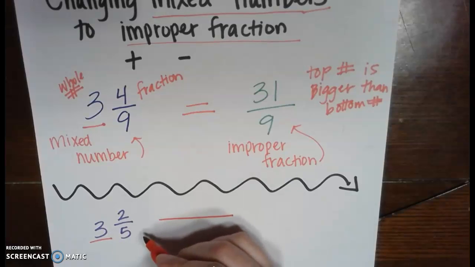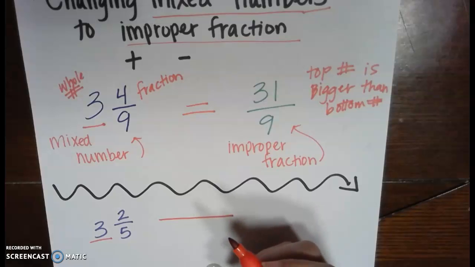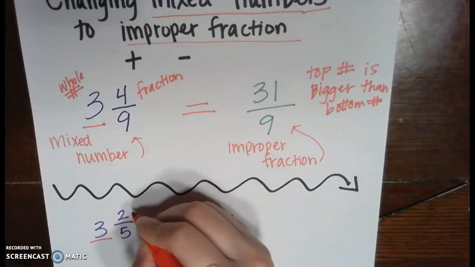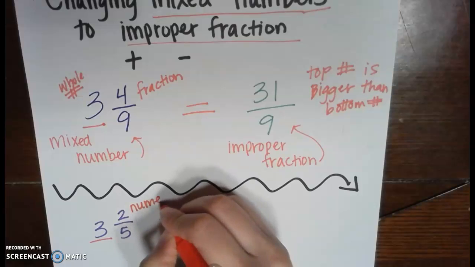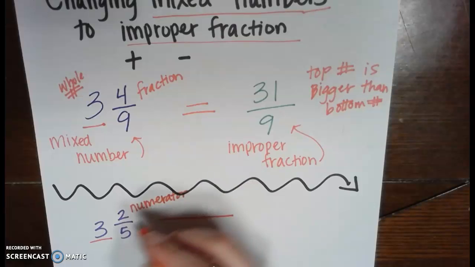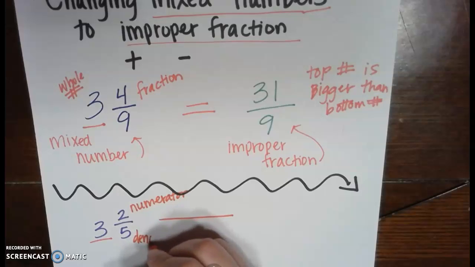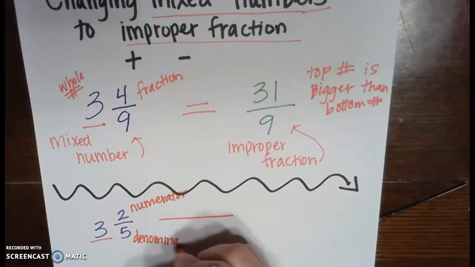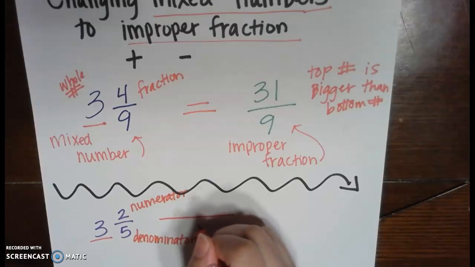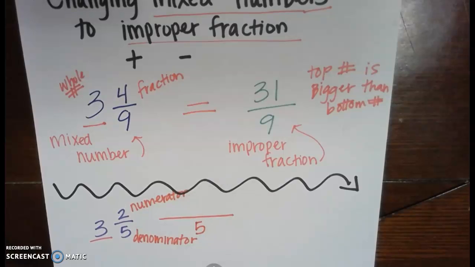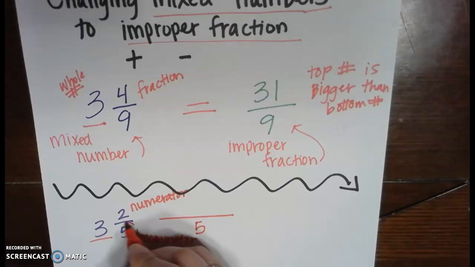And what is my denominator? Remember, our numerator and denominators are super important. The numerator is your top number, and then we have our denominator. We want our denominator to always stay on the bottom. The denominator will always, always, always stay the same. And our denominator here is 5. I got that from right here.